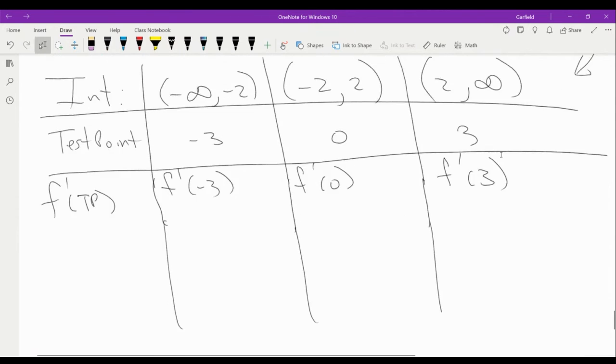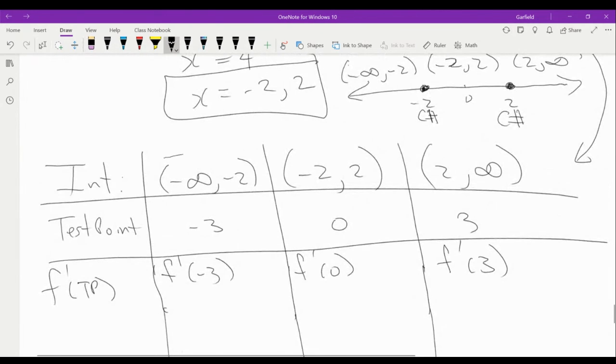Louis, think of a number in this region here. What's a number between negative infinity and negative 2? Is 0 in between negative infinity and negative 2? You sure about that?